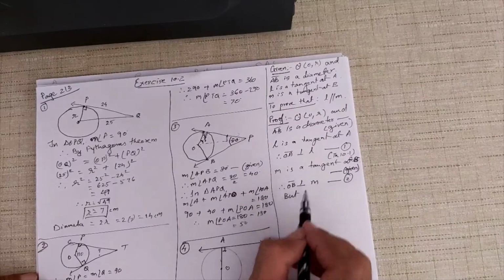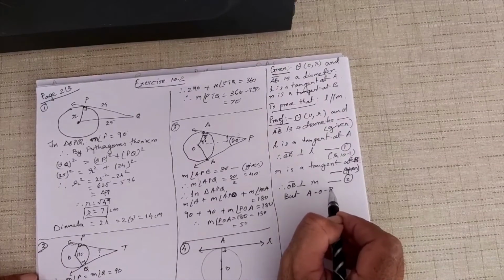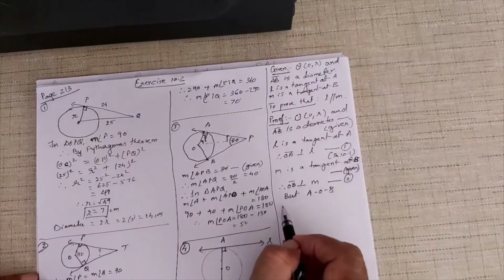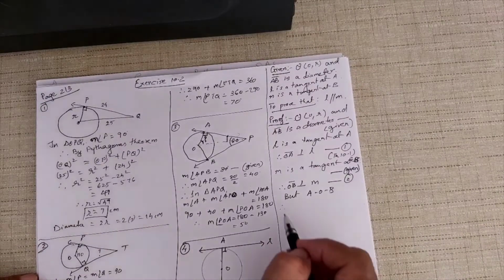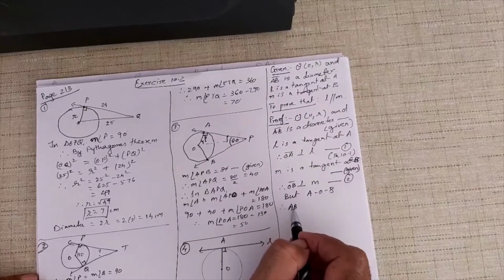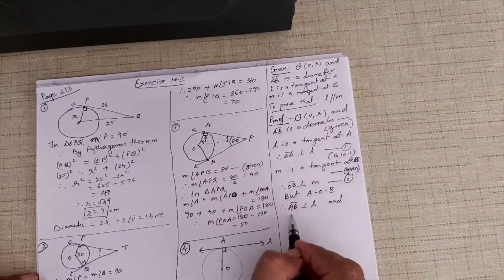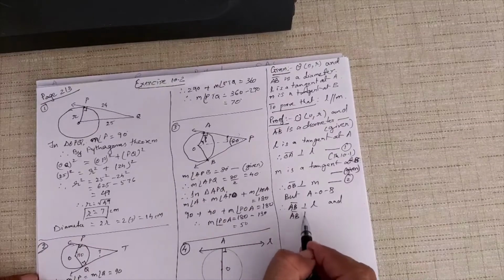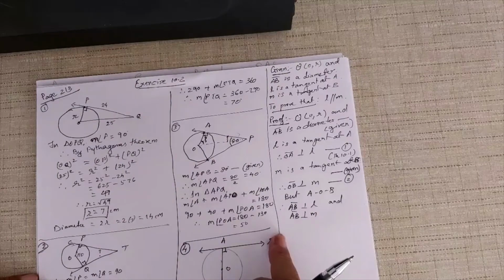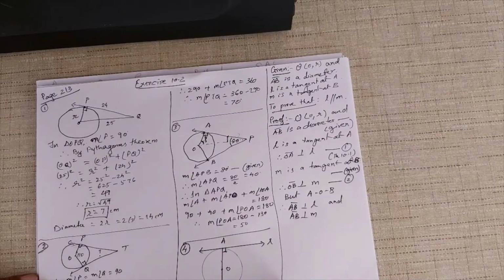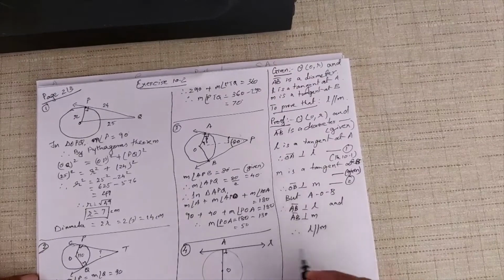But we know that AB is a diameter, so A-O-B means O lies between A and B. So therefore AB is perpendicular to L and AB is perpendicular to M, and therefore you can say that L is parallel to M.